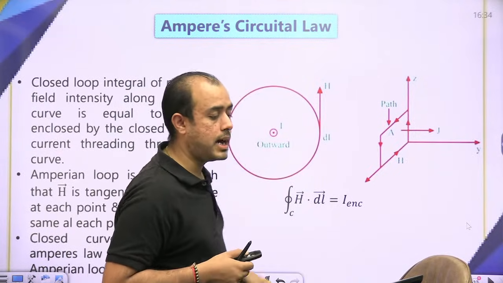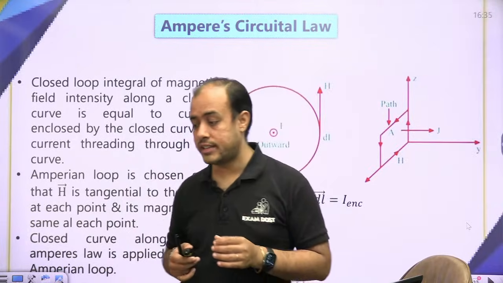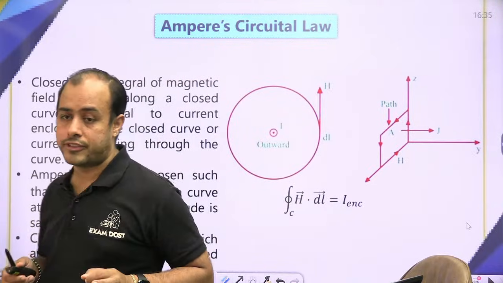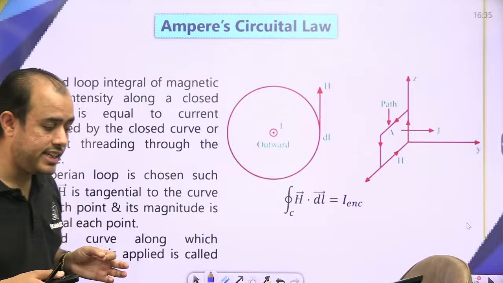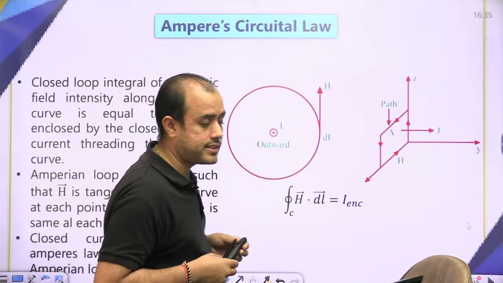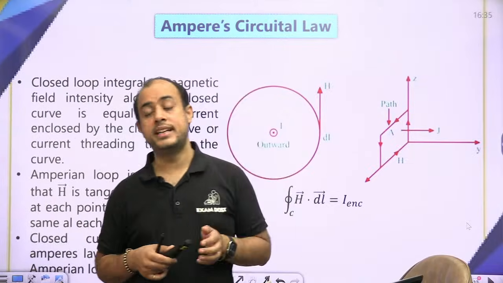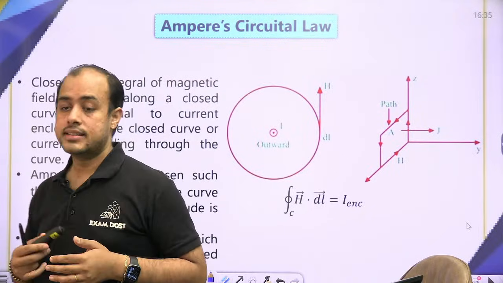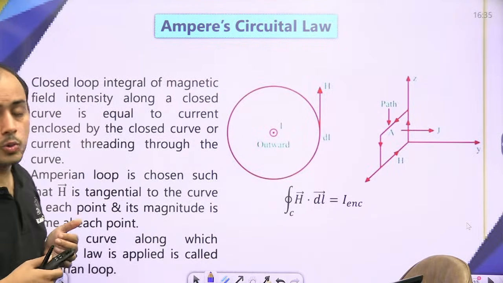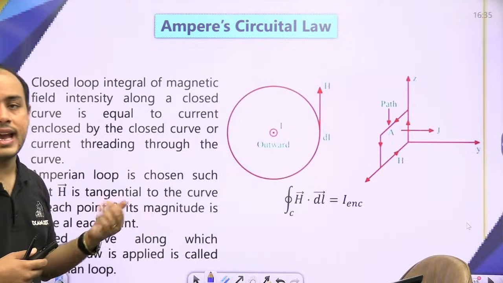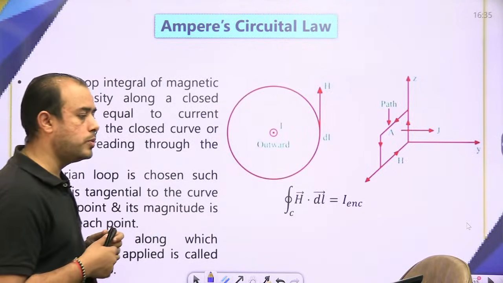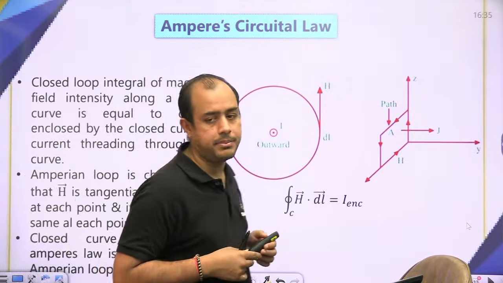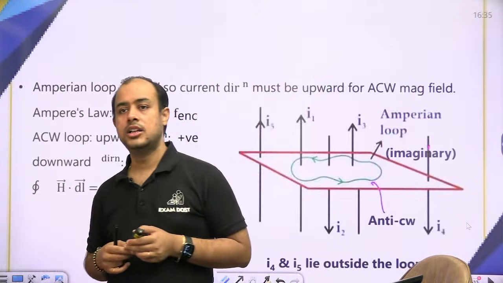Like in Gauss law, you choose a Gaussian surface such that the value of D is the same at each point of the Gaussian surface and D is perpendicular to it. Similarly, choose the Amperian loop such that H is tangent to the loop and the value of H is the same at each point on the loop.